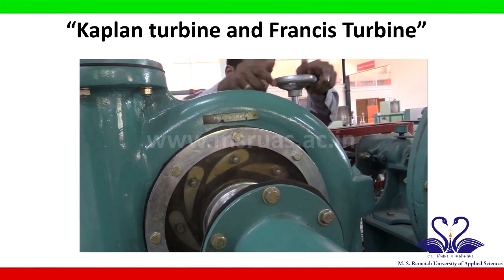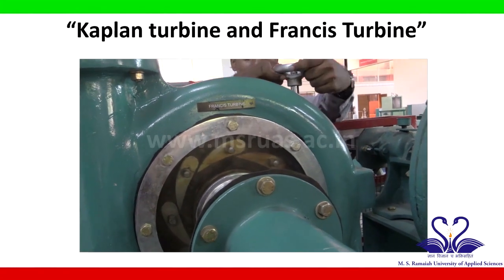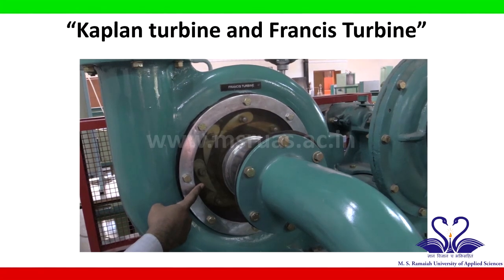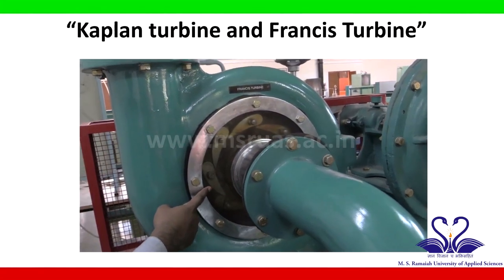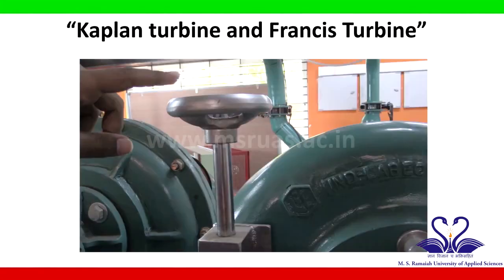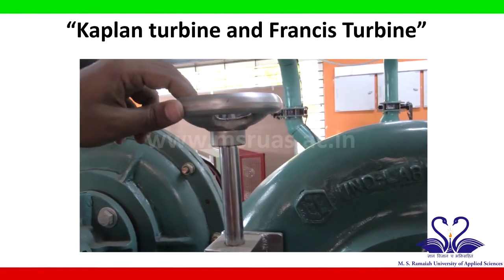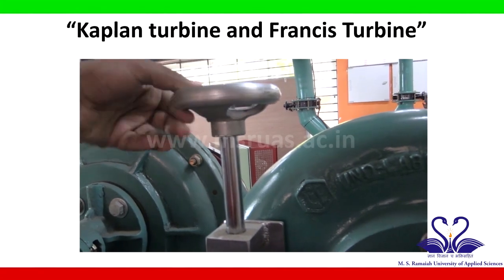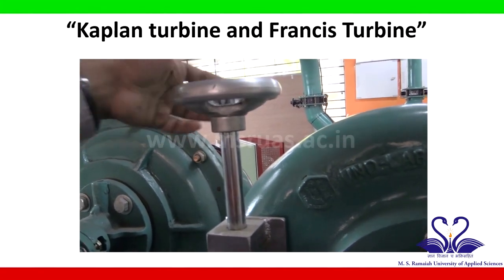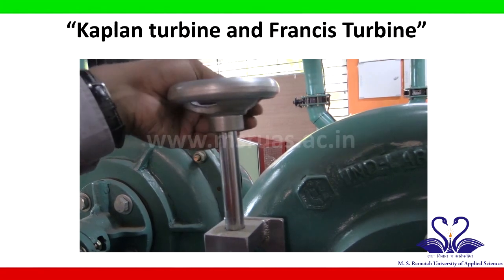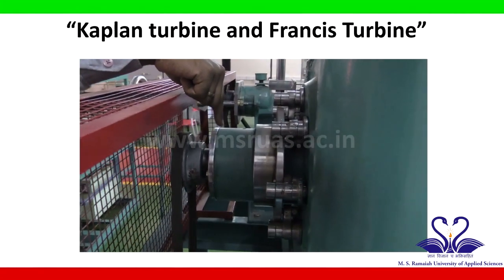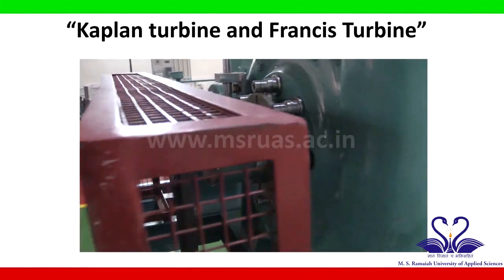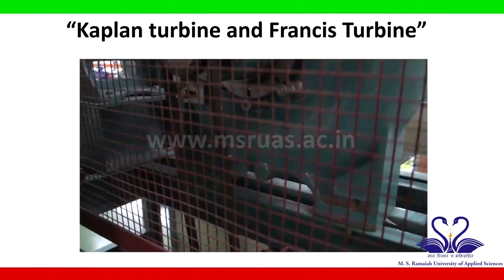Thereby, we can control the discharge of the water entering the turbine and also change the angle of attack of the turbine. The guide vane angles can be changed by rotating the valve which is present behind the turbine. The shaft of the Francis turbine is connected to an alternator via a V-belt drive.